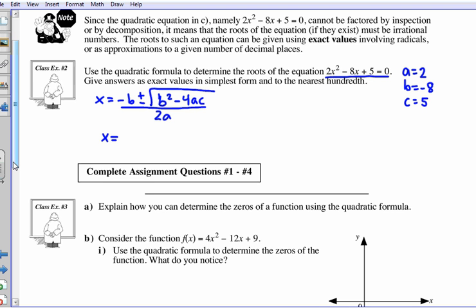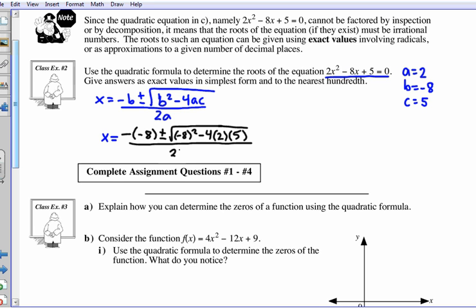What's our b? Negative 8 plus or minus the square root of b squared. So negative 8 squared minus 4 times a. What's a? 2 times c, 5, all over 2 times a.